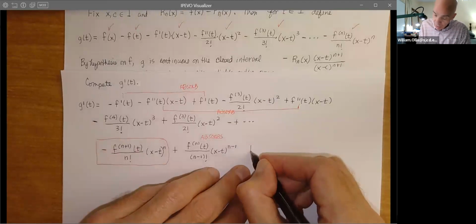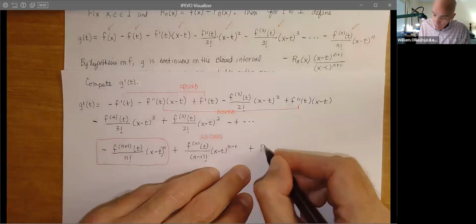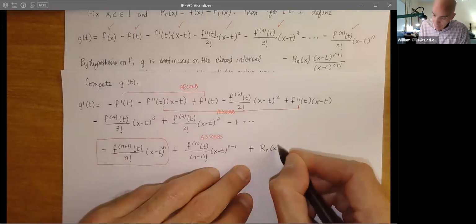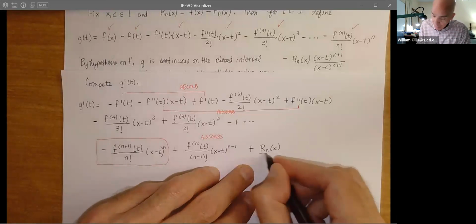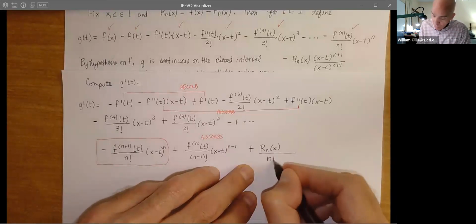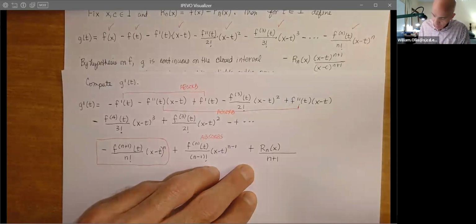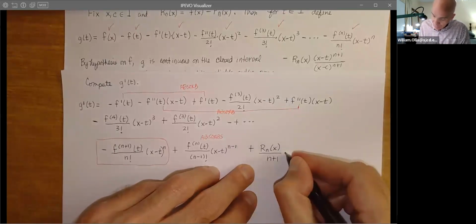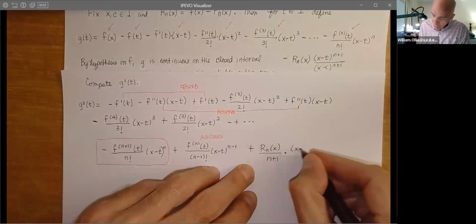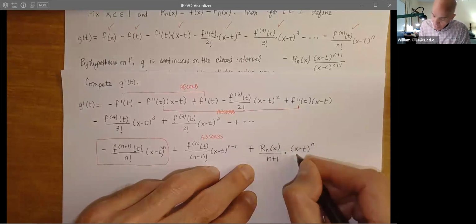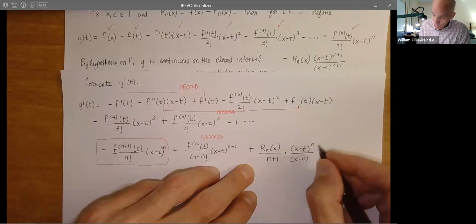So we get plus Rn of x divided by n plus 1, times x minus t to the n divided by x minus c to the n plus 1.